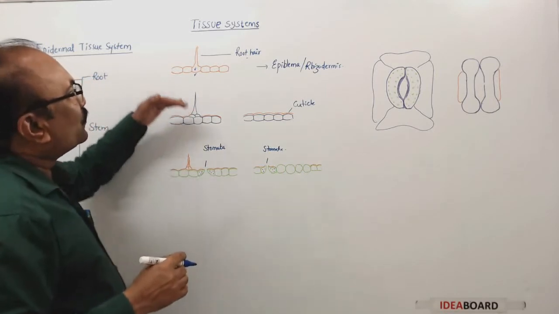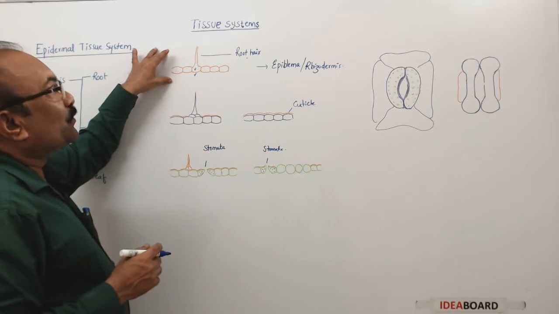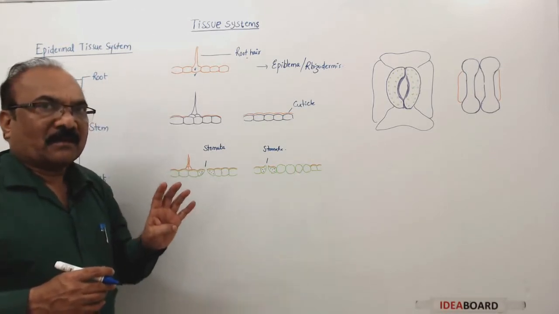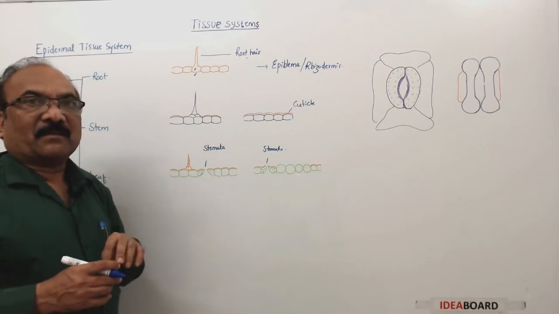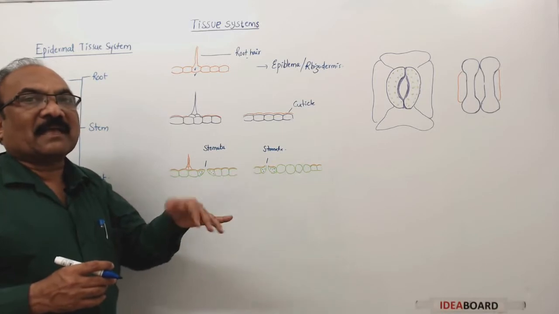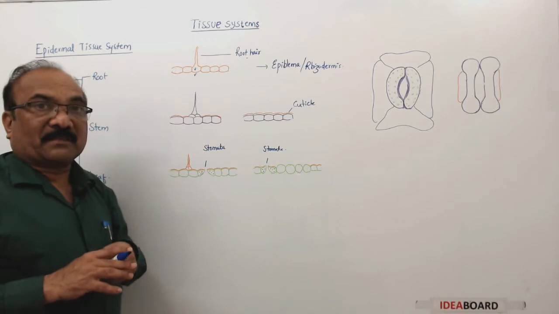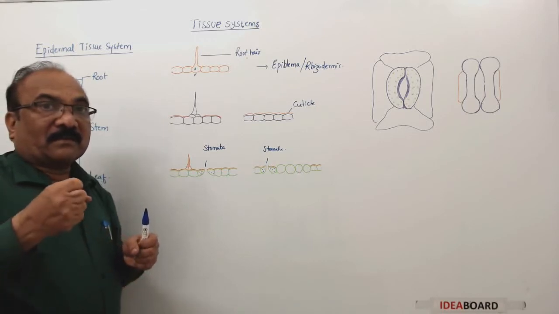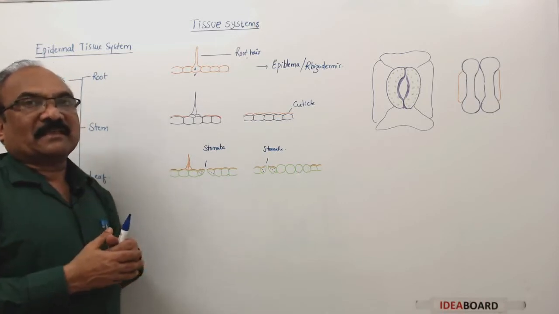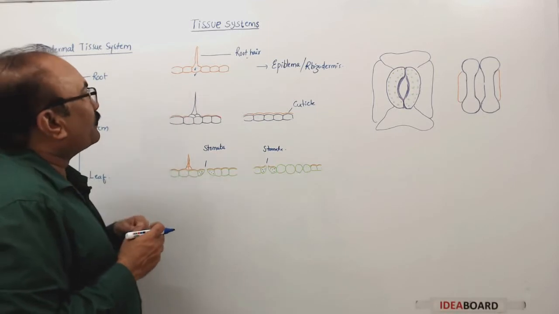And do we find that cuticle in the root? No. So what are absent in the root epidermis? Cuticle is absent. Stomata are absent. Because a root is not a transpiring organ, it is an absorbing organ. And if cuticle is present, it will not allow the entry of water inside. That's why they are not provided with cuticle.